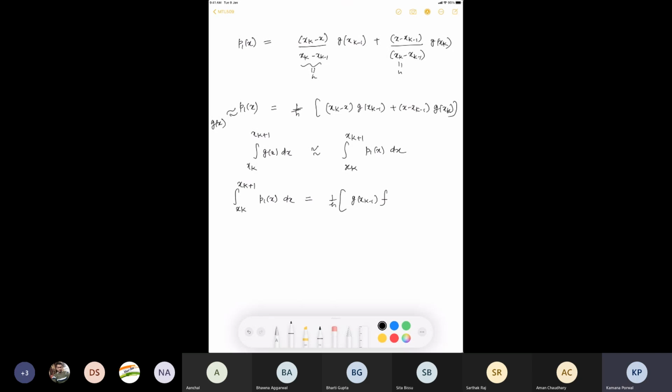So the integral will be, from xk to xk+1, (xk minus x) dx plus g at xk, integral xk to xk+1, (x minus xk-1) dx.